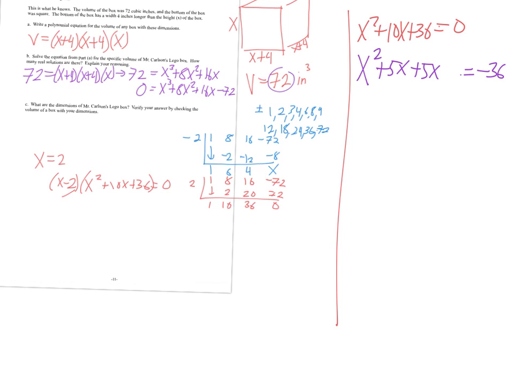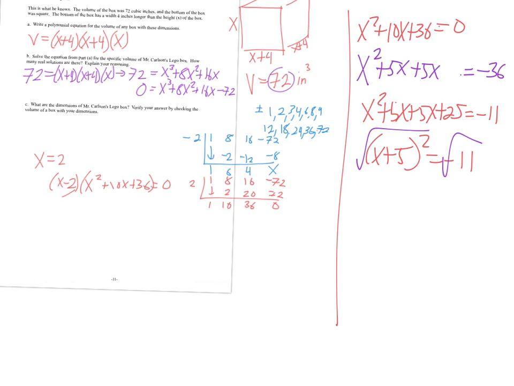And that means I'm going to add 25 to both sides. X squared plus 5x plus 5x plus 25 is equal to negative 11. Means that x plus 5 squared is equal to negative 11. Square root both sides. We get x plus 5 is equal to plus or minus the square root of negative 11, which is an imaginary number.